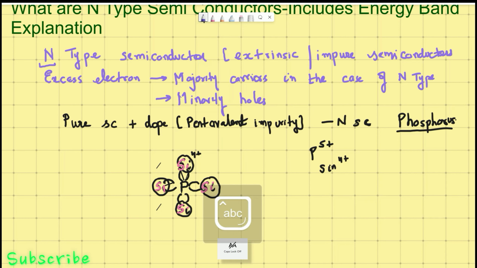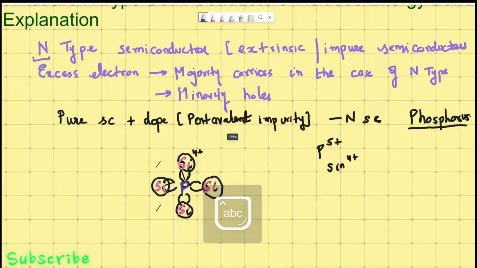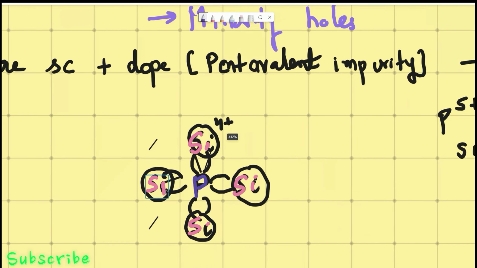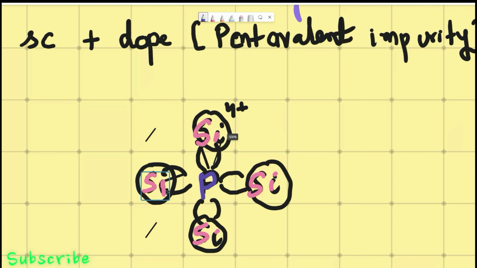I'm doing it so that it's easy for you to understand. I'll enlarge the diagram also so that you can see what's happening. The bond creation is happening, and you can see that since phosphorus has 5 electrons, 1 electron is always extra with it.